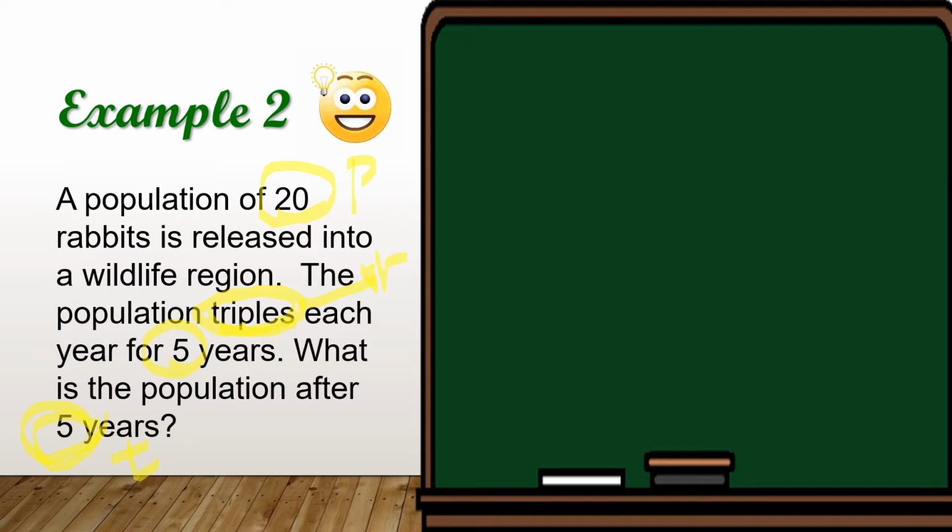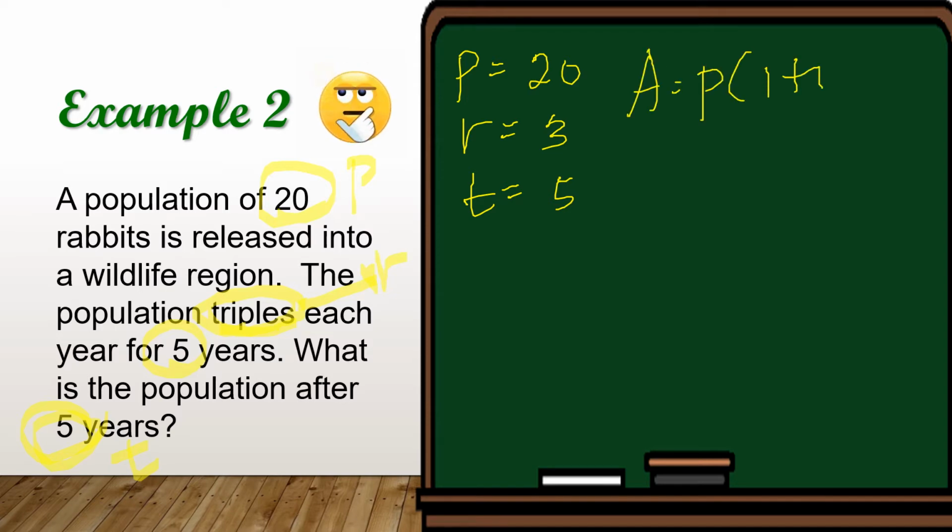Let us again enumerate the given. So P is equal to 20 rabbits, R is 3, and time is 5. Using the formula, A is equal to P times 1 plus R raised to T, equals, replace P with 20 times 1 plus R. We don't need to use this because there is no percent. Use this only if there is percent.